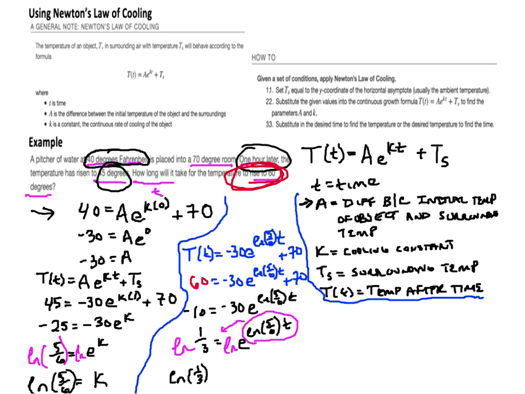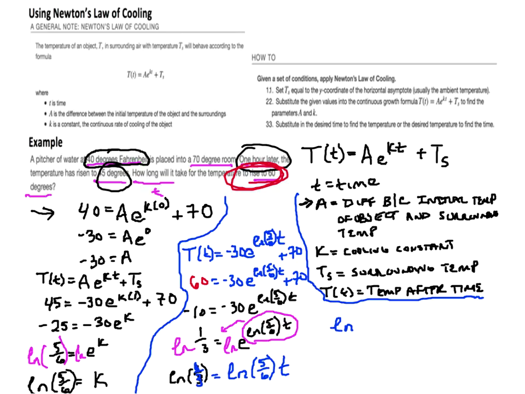Oops, I changed back to black. Let me go to blue. The ln of 1/3 equals, remember the ln of e is just 1, so on this side all I have is the ln of 5/6 t. So I need to divide the ln of 5/6 off of both sides.